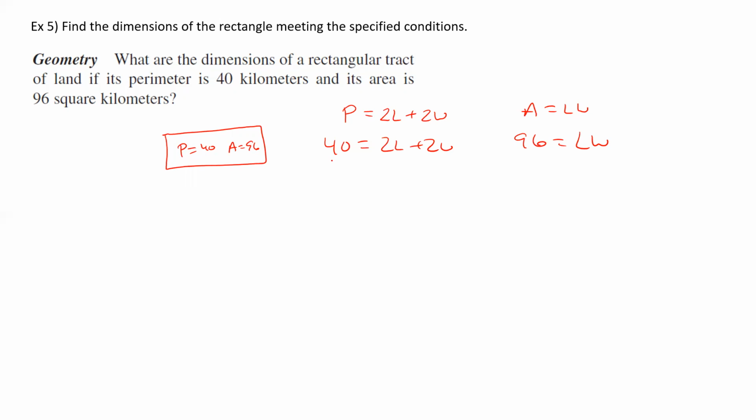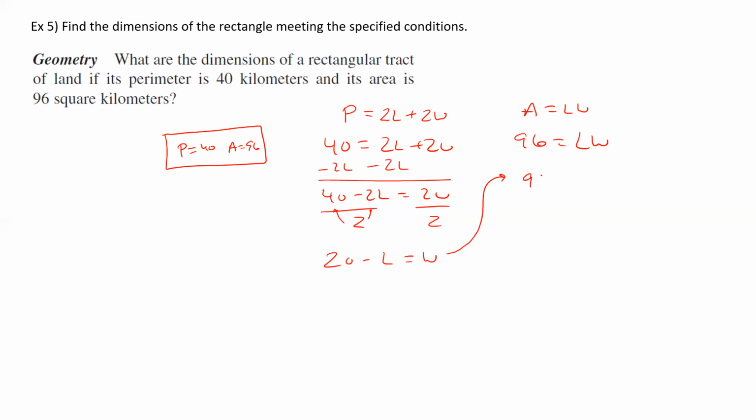So I'm thinking probably solve for this one first, because that's a linear relationship between the two here. So I'm gonna go, doesn't really matter for L or for W, but I'm gonna solve for W. Divide by 2, divide by 2 over here. And that 2 is gonna divide both of these guys here. So solve for one, plug into the other, solve for the other. 96 is equal to L times 20 minus L.